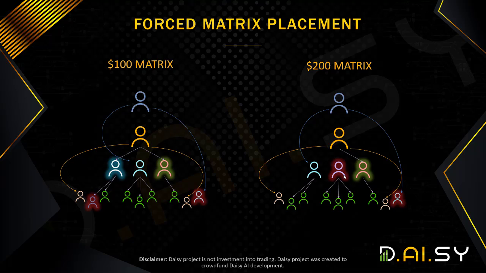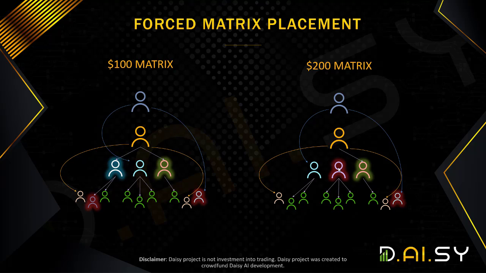He'll go up to the next person higher up, who is in the $200 matrix. So here he is underneath me, and he's bringing in people. And so I'm benefiting from somebody that somebody else brought in, but because he didn't go into the $200 matrix, he's not benefiting in that $200 matrix from this strong leader, right?